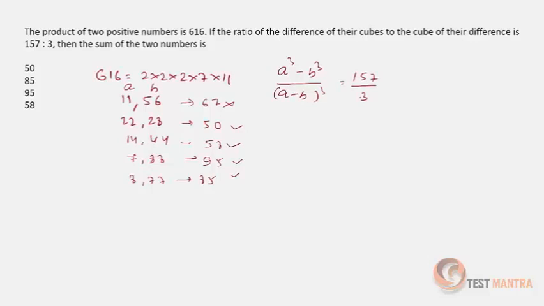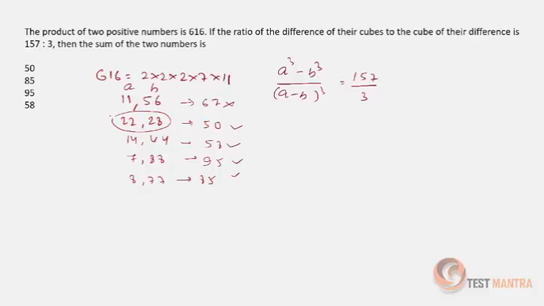So if a minus b whole cube is 157 and this is 3 here, that means the gap between a and b should be lesser. If we check, the least gap possible here is in this case. So possibly my answer should be 22 and 28.